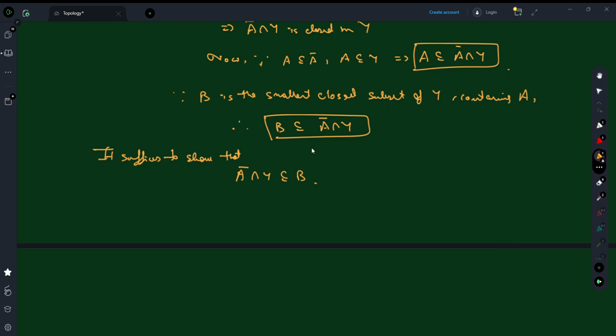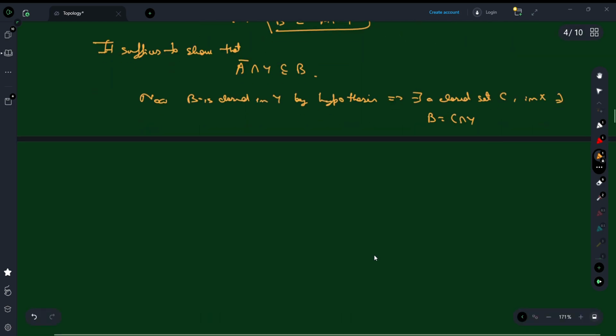So that means B is closed in Y by hypothesis, because B is assumed to be the closure of A in Y. So that implies there exists a closed set C in X such that B can be written as C intersection Y, right?